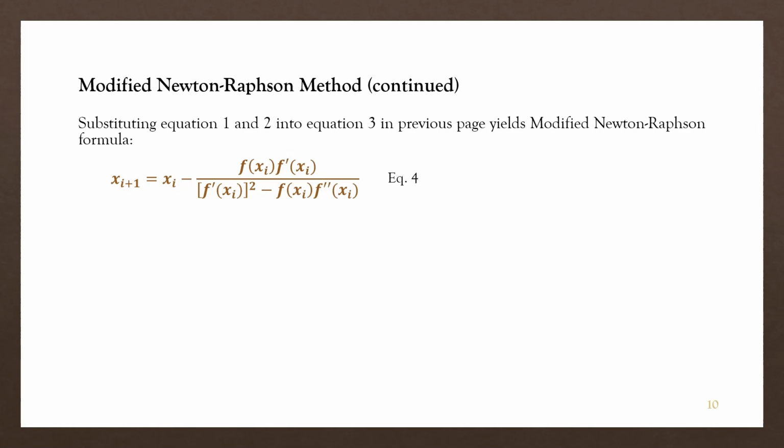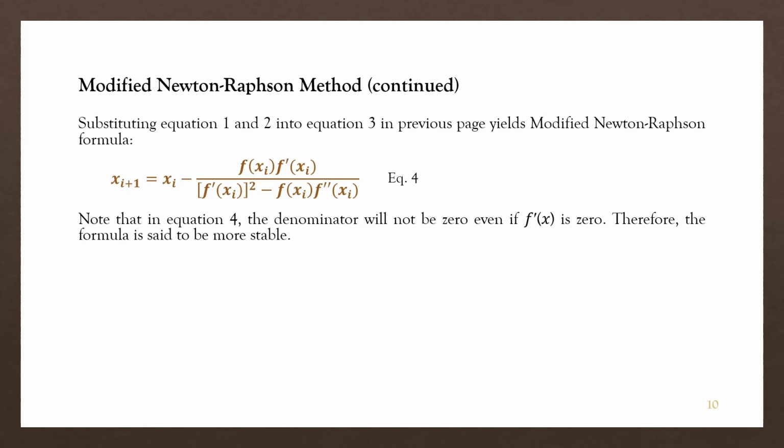So we will get equation 4, which is x_{i+1} equal to x_i minus, in the numerator, the function f(x_i) multiplied by the first derivative of f at point x_i, divided by the square of the first derivative of f(x), minus the function f multiplied by the second derivative of f at point x_i. So you can see that it looks similar to the Newton-Raphson method, but it has been modified by applying the new ratio g(x).